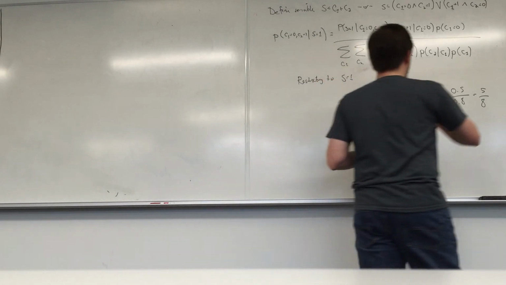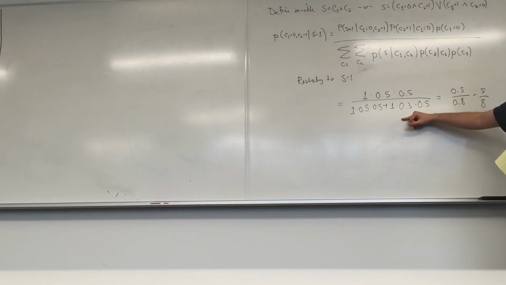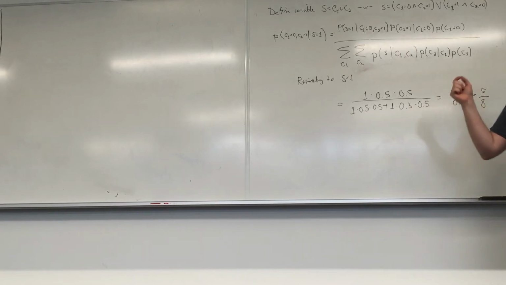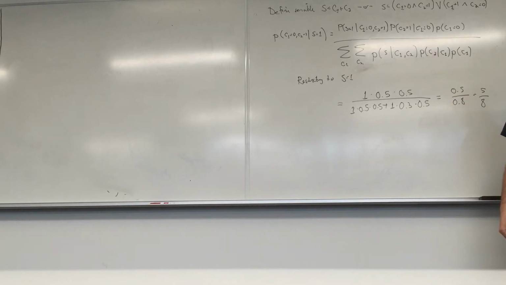Sure, there are 4 cases that exist, but I can restrict myself to those because I'm conditioning on S equals 1. Even on S equals 1, I still have 4 cases. C1 can be 0, 1, C2 can be 0, 1, interchangeable. I can get heads on one and tails on another. I can get heads and heads, then tails and heads.